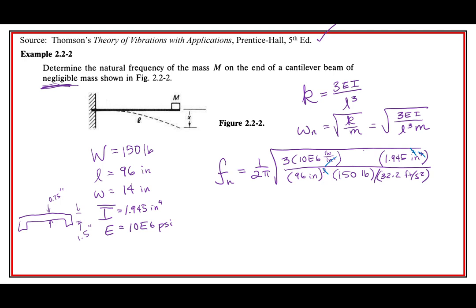So on the bottom right here, we need to divide this by 12 inches per feet, and what that'll do is put the feet on the top.